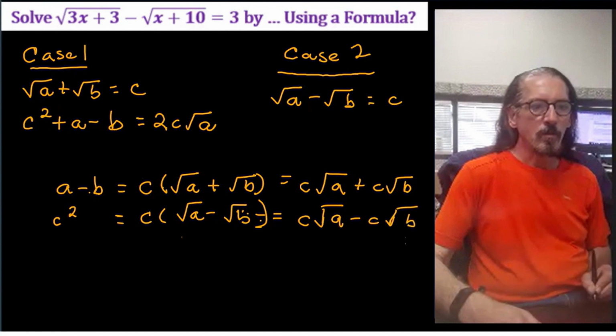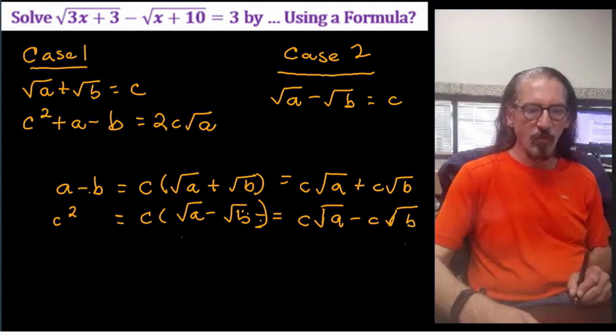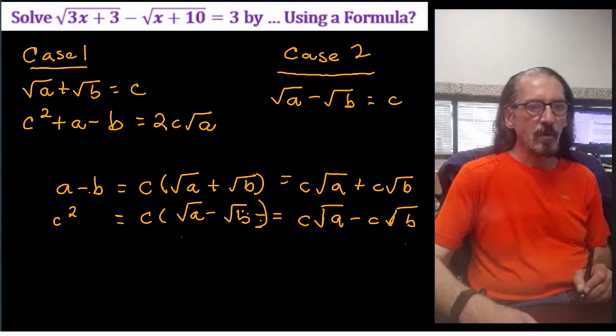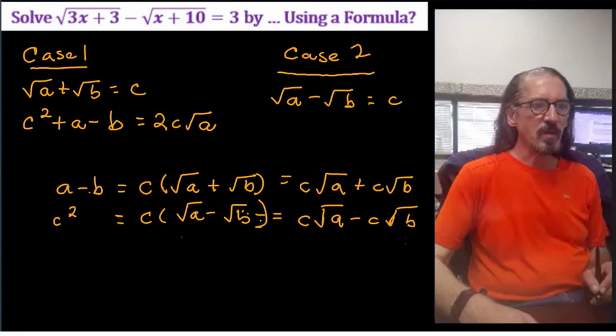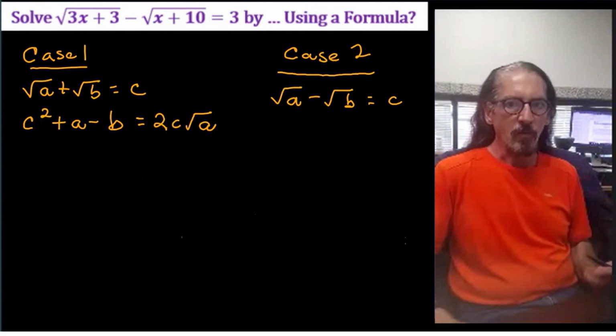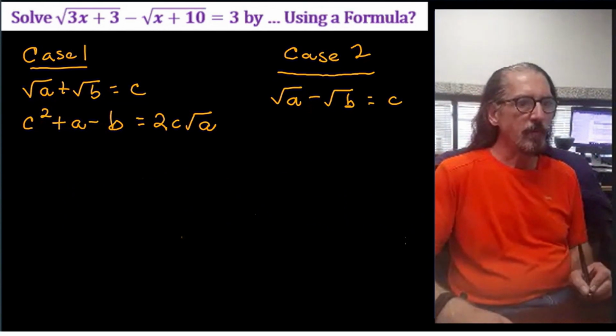And again, we will get the c square root of b, since they are opposite signs, canceling out. Adding together, we again get c squared plus a minus b equals 2 times c square root of a. Now we just have a single square root.